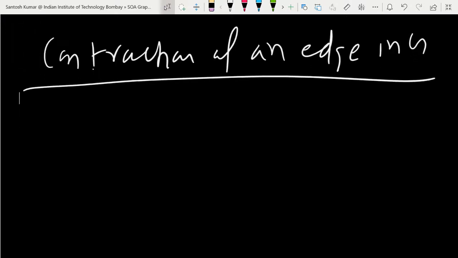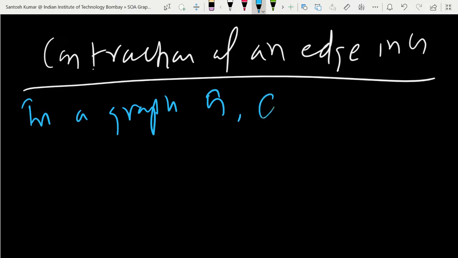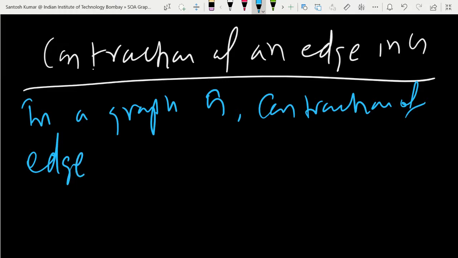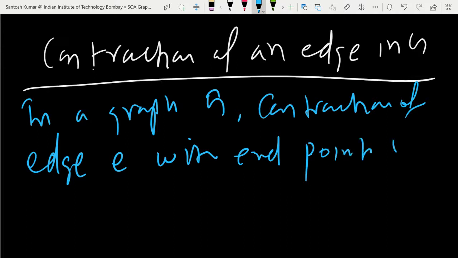So in that, if I write the definition, you already know that. In a graph G, the contraction of an edge e with endpoints, let's say u and v.